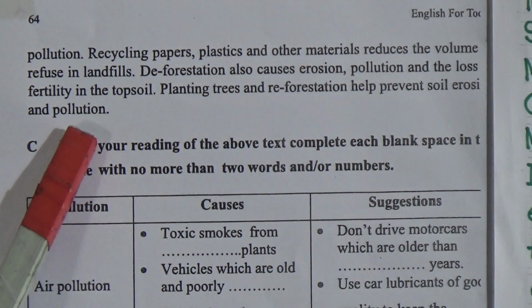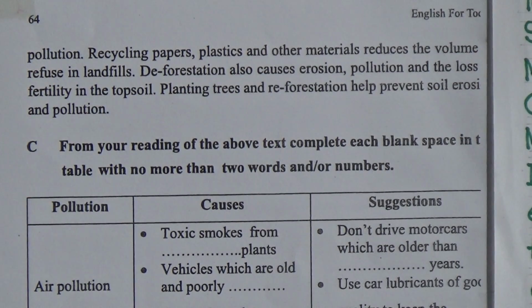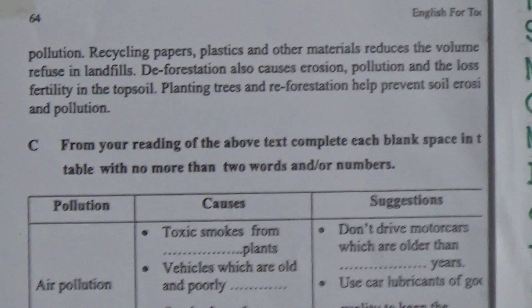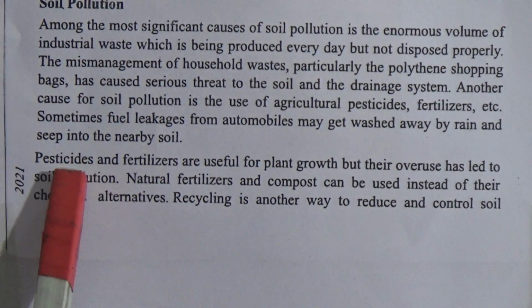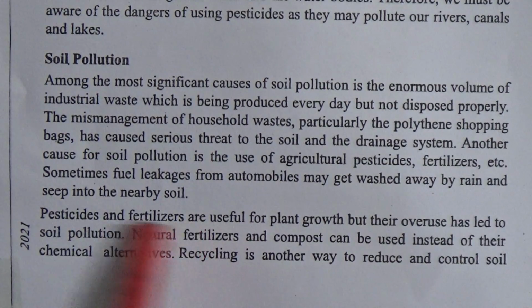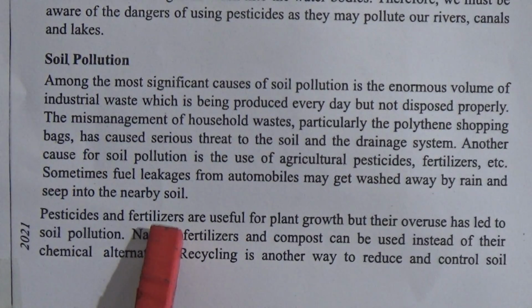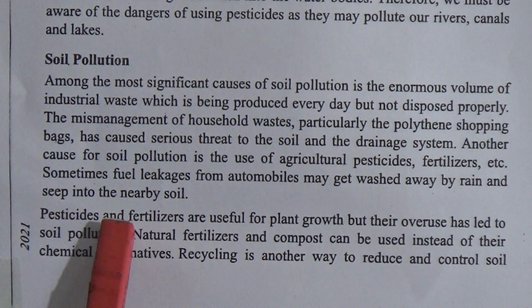So to stop soil pollution, we have to think about alternative use of pesticides and fertilizers. You know, pesticides and fertilizers are mostly used in our soil to grow our crops well, but if we use them over and over, this can be harmful for our soil and it can pollute our soil also.